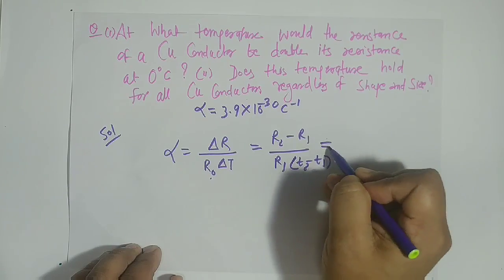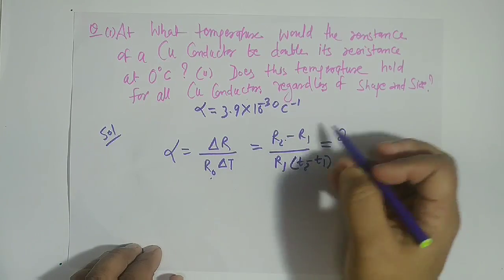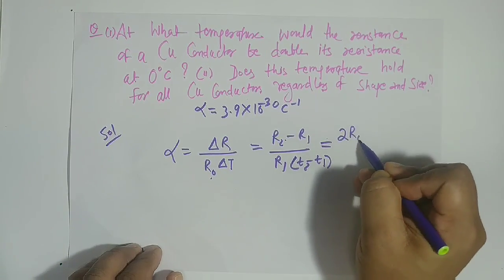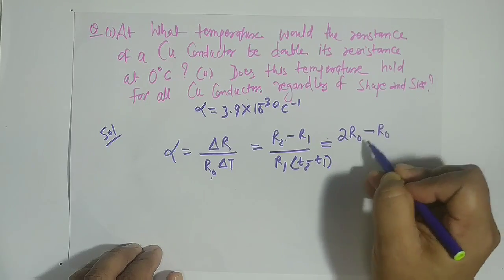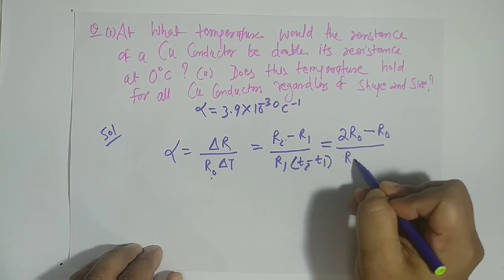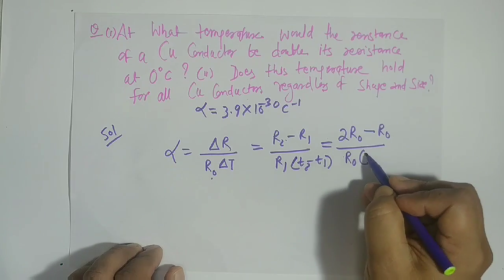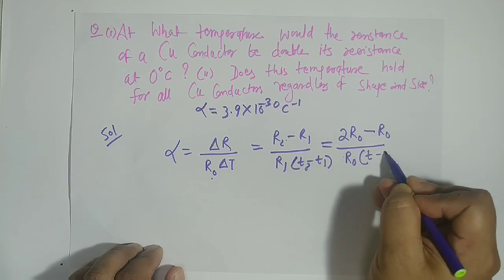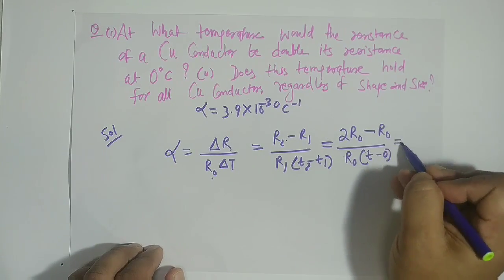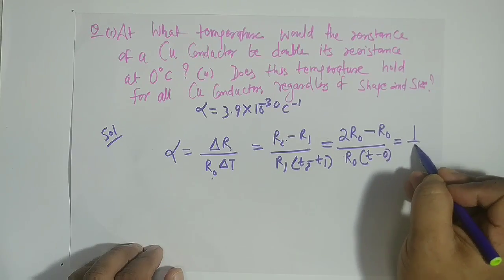What is R2? It has become double, so we can write 2 R naught. What is R1? R naught. What is T2? It is T minus 0. So solve it out. It becomes 1 upon T.